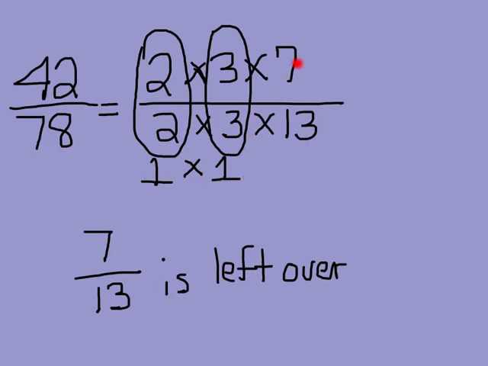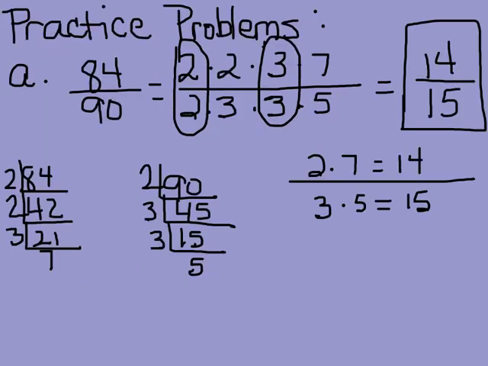What we have left over is a 7 in the numerator and a 13 in the denominator. So 7/13 is what 42 over 78 would reduce down to in its lowest terms. Okay, next page, let's start our practice problems.